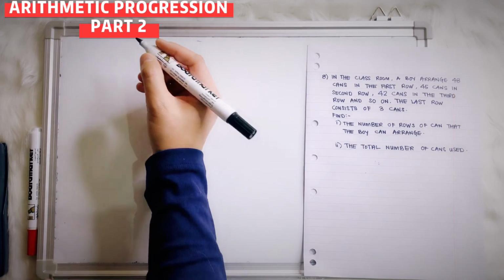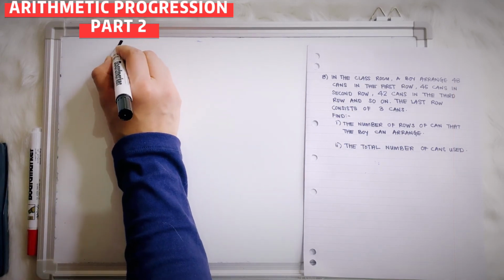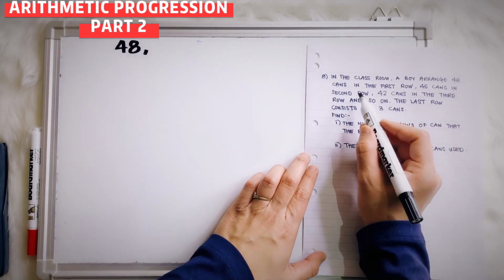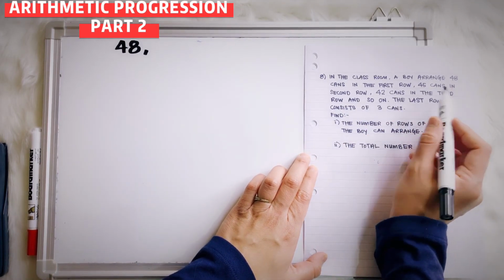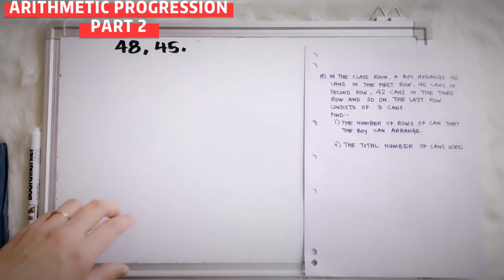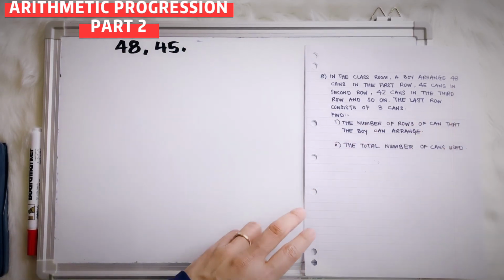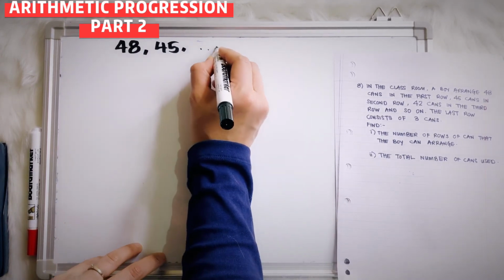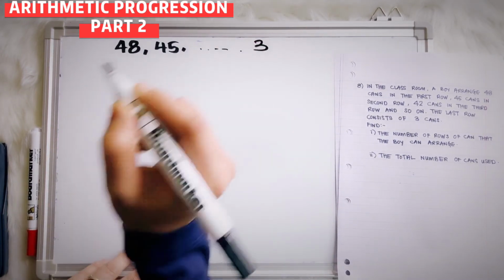So that means this is our sequence. 48 is the first row, 45 cans in the second row, in the third row, and so on. So the last row consists of 3, only 3 cans.